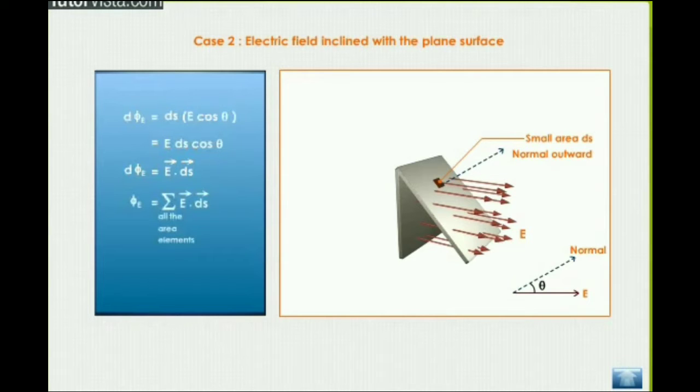Then total flux is equal to sigma over all area elements of E bar dot ds. Area is scalar, but a small area element is a vector quantity, my children. So for a closed surface, phi is equal to the circle integral of E bar dot ds bar.